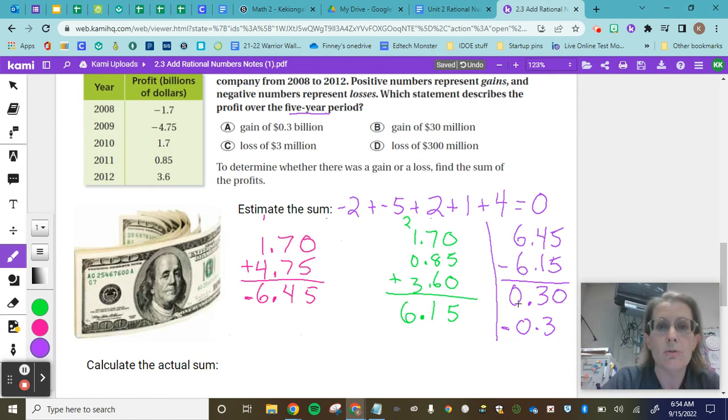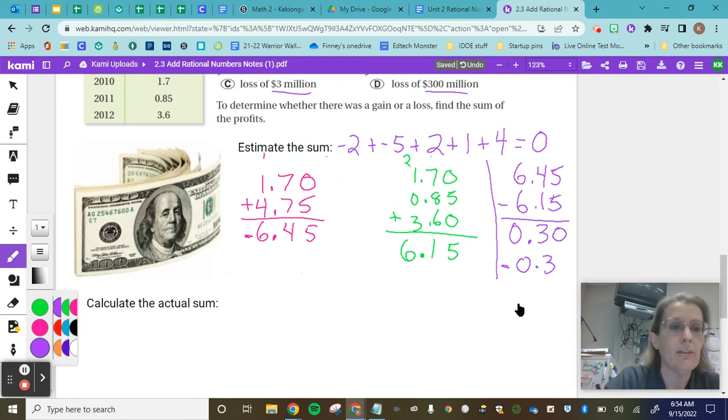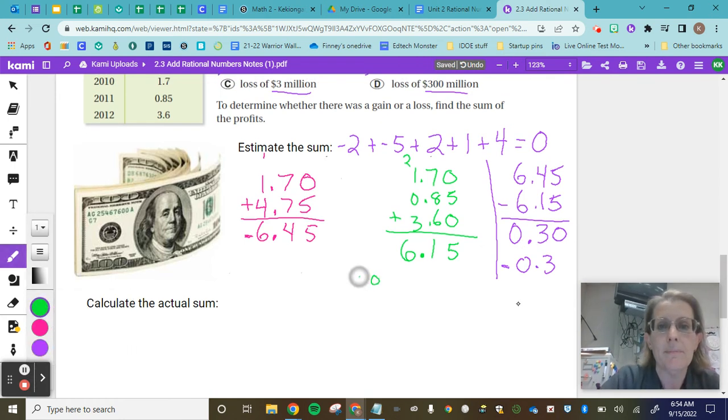So look at my answer choices. I can automatically cross out the gains. But now I notice my answer isn't there because it says a loss of 3 million or a loss of 300 million. So they tried to trick us because this is in billions. So let's just line up some decimal places to test it out. So the billions place would be, there's hundreds, there's thousands, millions, billions.